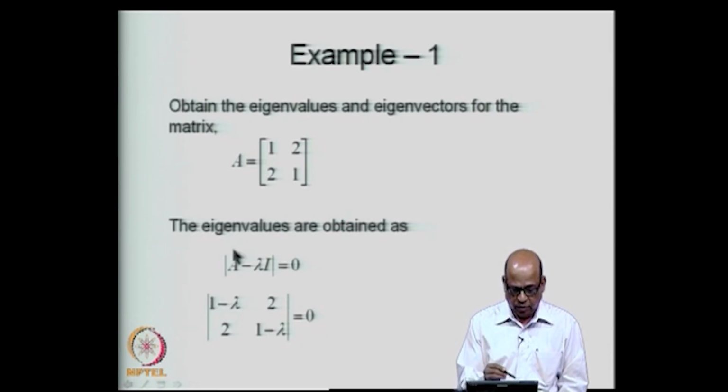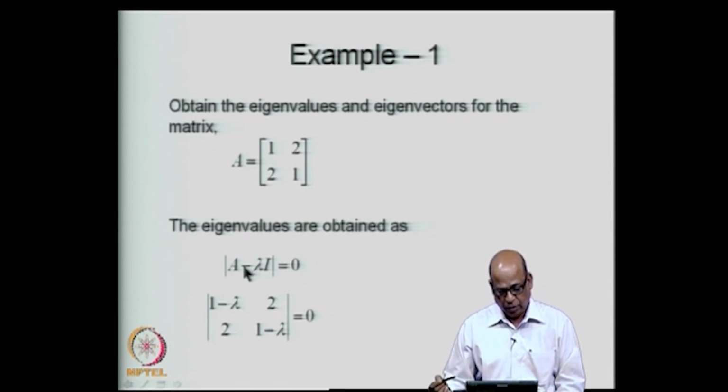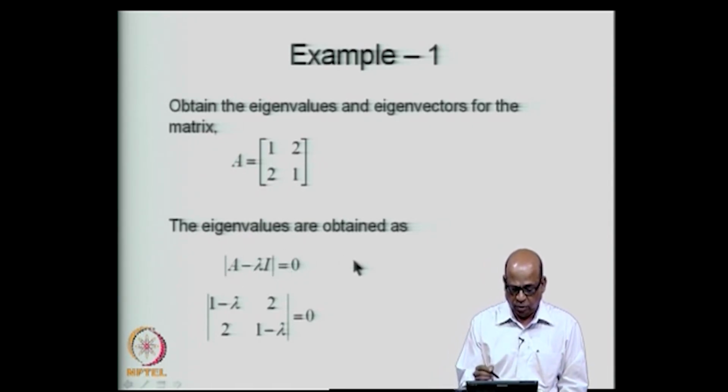So, we will get 1 minus lambda and 2, 2 and 1 minus lambda. That is how you form the A minus lambda I. I is a unit matrix, remember 1 0 0 1 in this particular case.